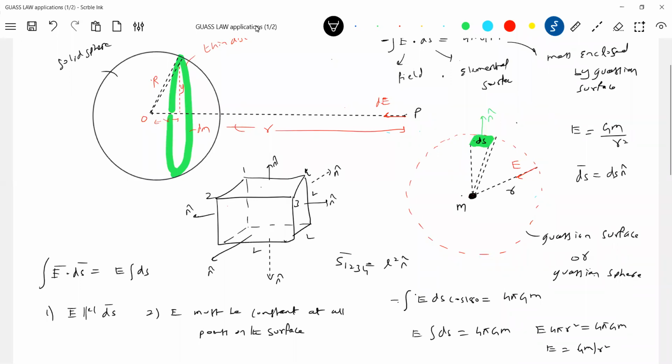On the Gaussian surface, E bar must be parallel to ds bar. These two conditions will help us to assume a Gaussian surface. When you assume a Gaussian surface, you have to take care of this, and then when you solve, you'll end up with the answer.